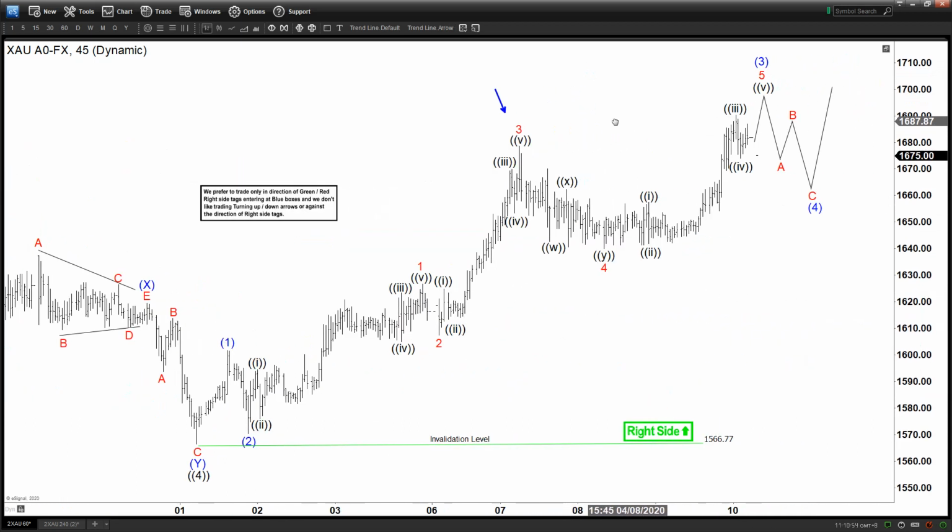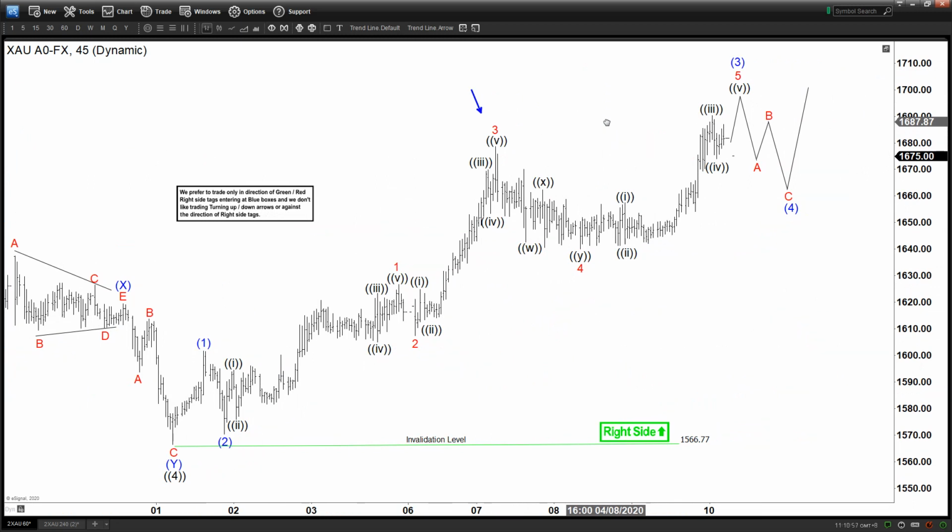So I think as an alternate, we could technically call this 3 here, call this 4 here, and call this a 5 somewhere here. That means as an alternate we finish with 5 already here, and then instead of extending higher, we will be looking for a bigger pullback.